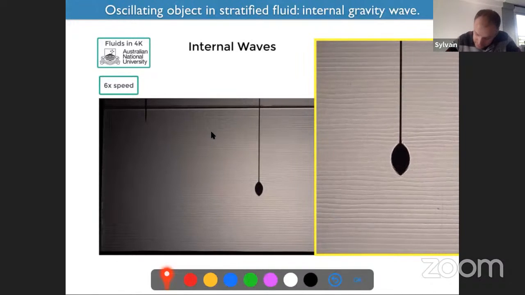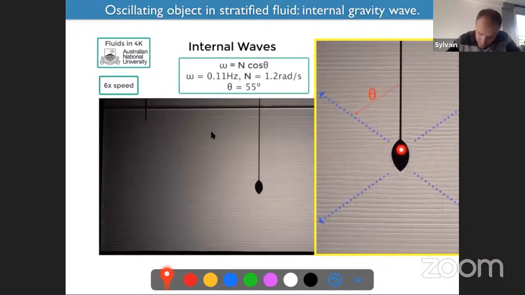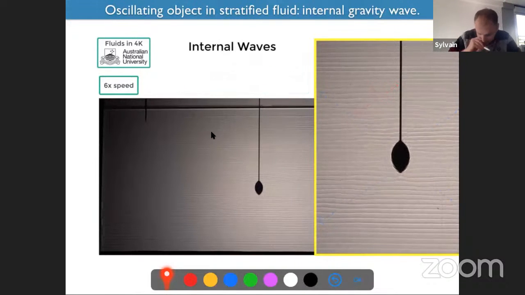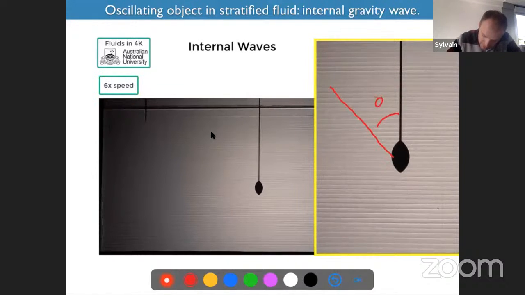A small thing in this system, which is a very interesting system, is that this angle theta with the vertical is the direction of the group velocity, the direction of energy.